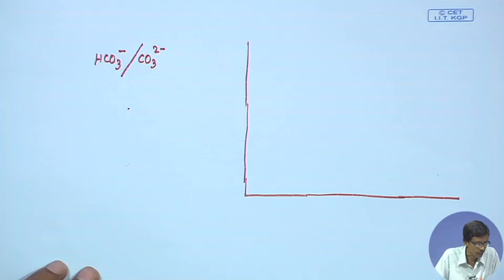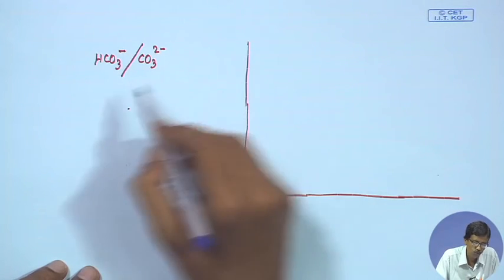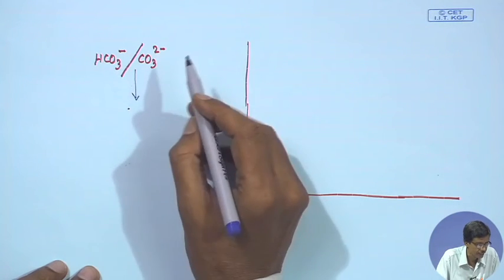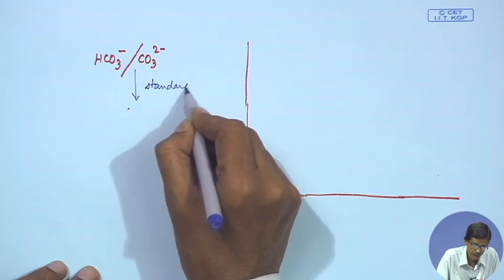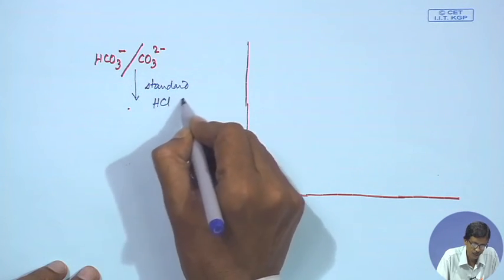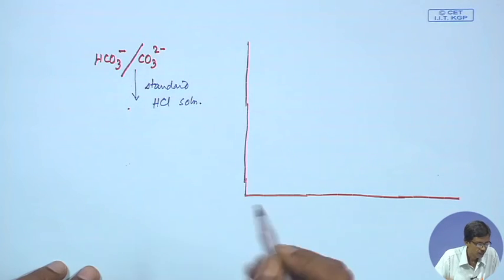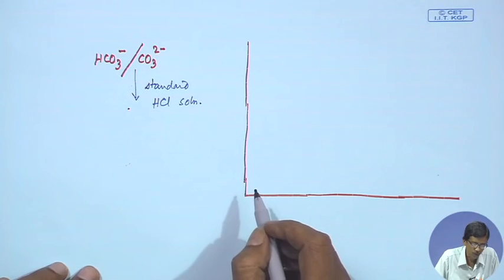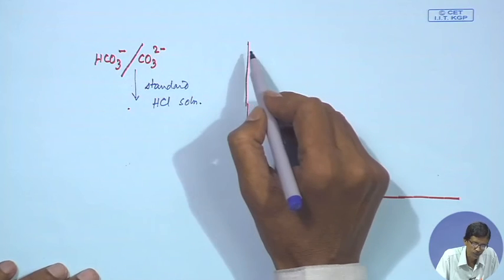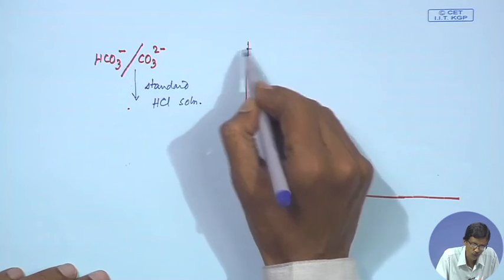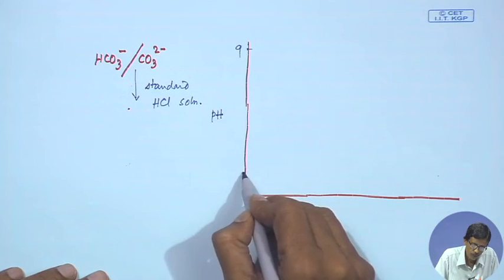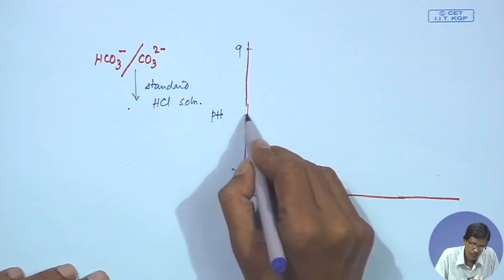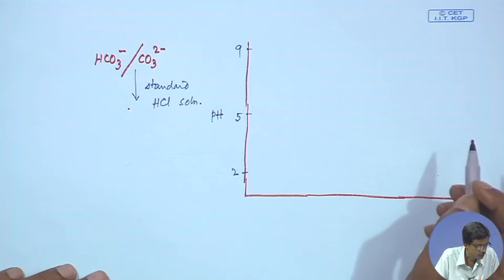So, this titration curve, as we move, will be titrated by standard hydrochloric acid solution. When we titrate and look at the corresponding change in the pH values, this is 2 and this is say 5.